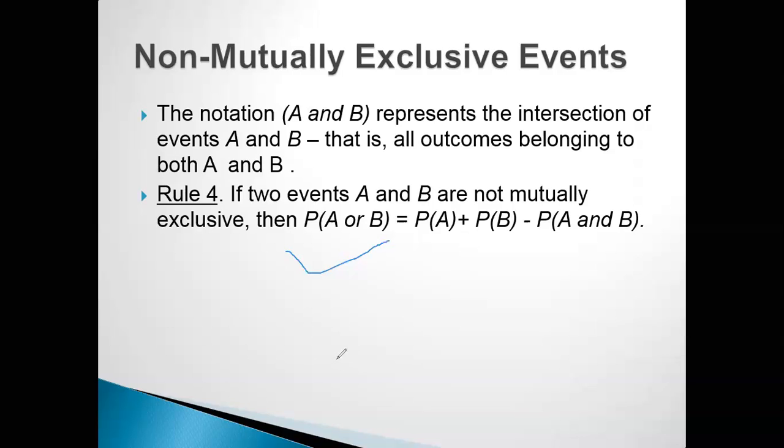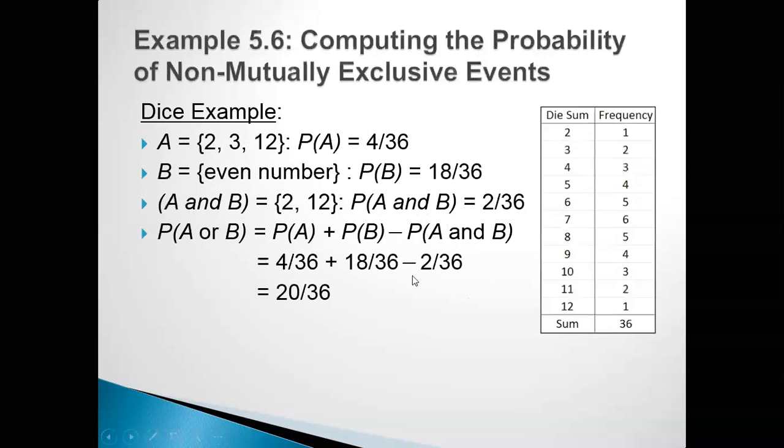So now let's see how we calculate it. Now see here, two events. First one, A, is 2, 3, 12, right?